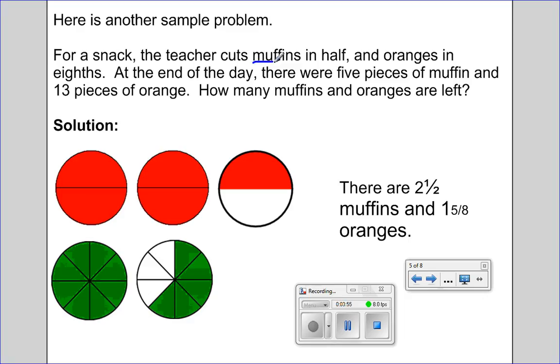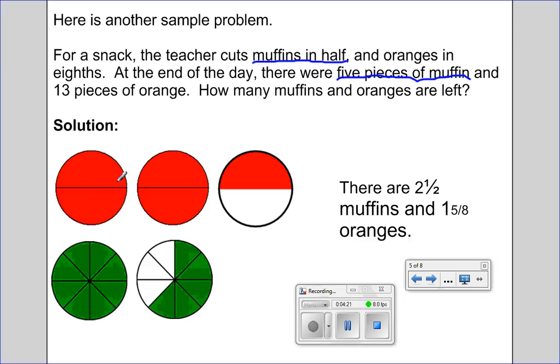Muffins are cut in half, and there are 5 pieces of muffin left. That's important stuff to highlight. So when I draw my circles, I'm going to have to cut them in half because muffins were cut in half.